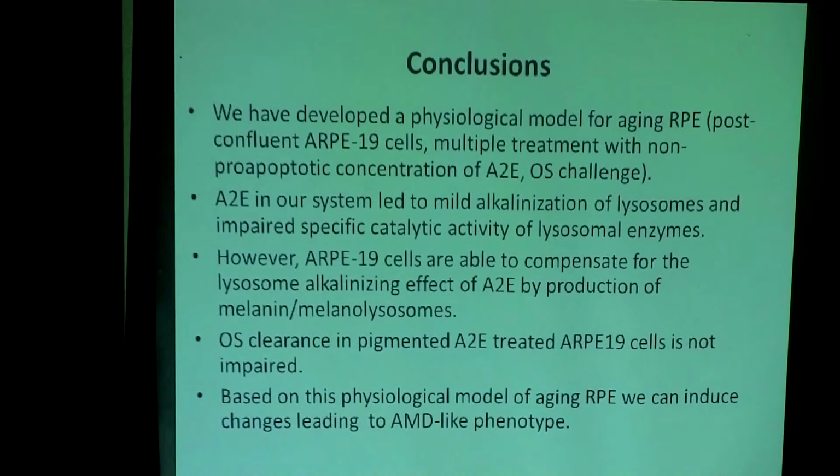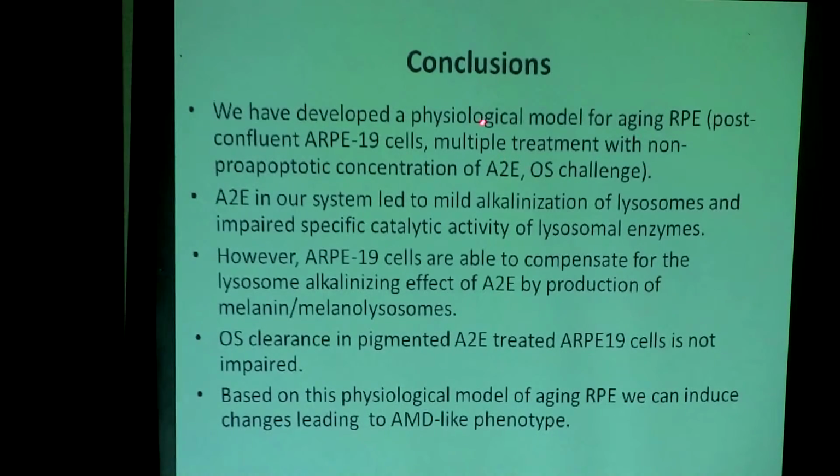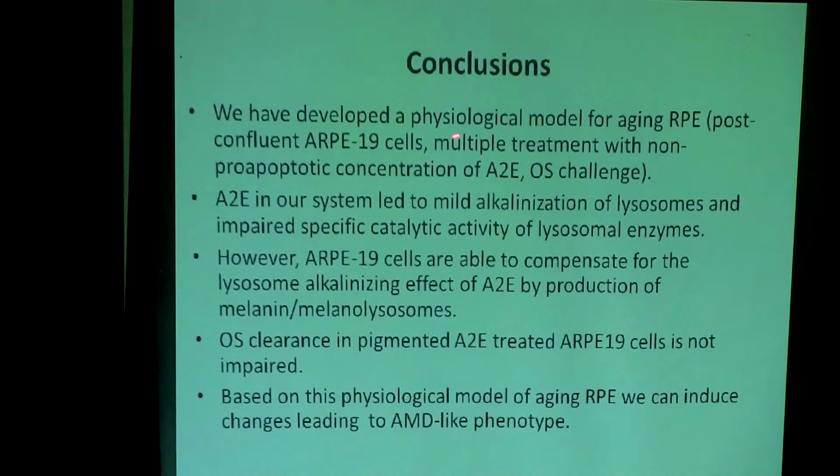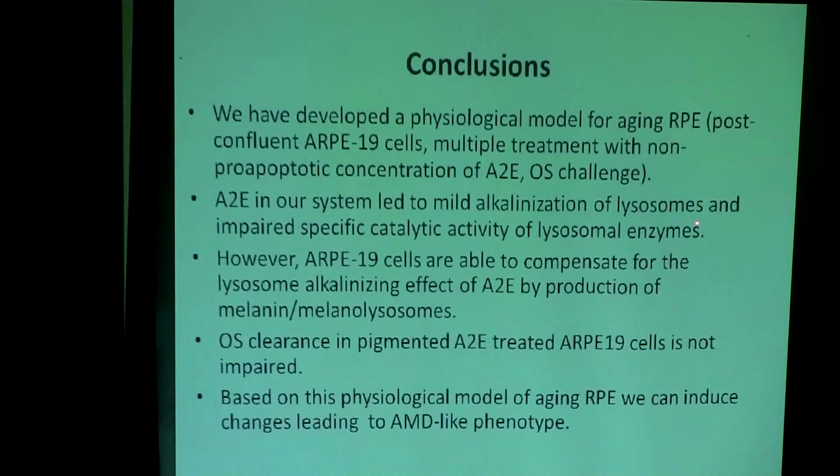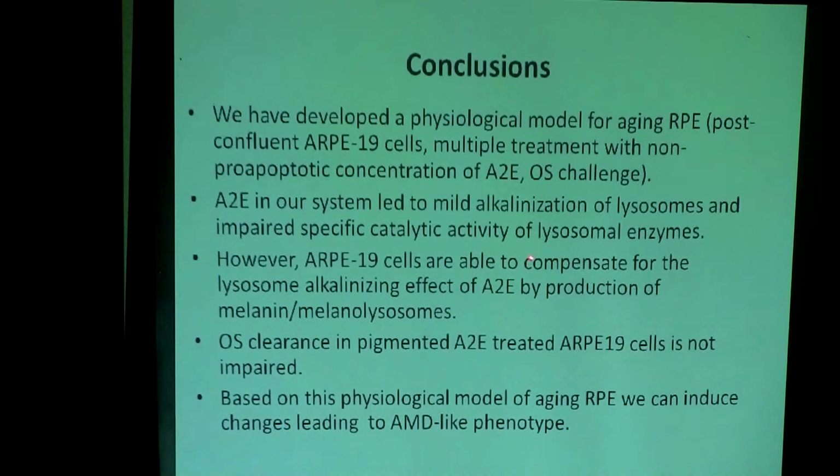So I just want to stop on conclusions. We developed a physiological cell model for aging RPE: post-confluent ARPE19 cells, multiple treatments with non-apoptotic concentration of A2E, and outer segment challenge. A2E in our system led to mild alkalinization of lysosomes and impaired specific catalytic activity of lysosomal enzymes.